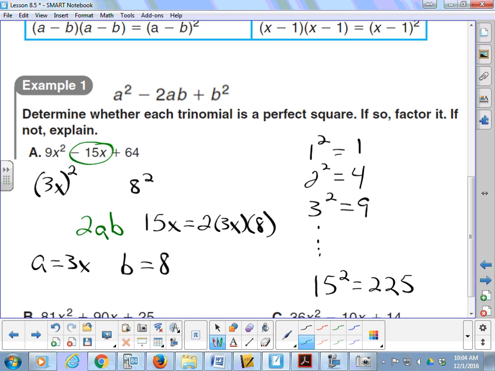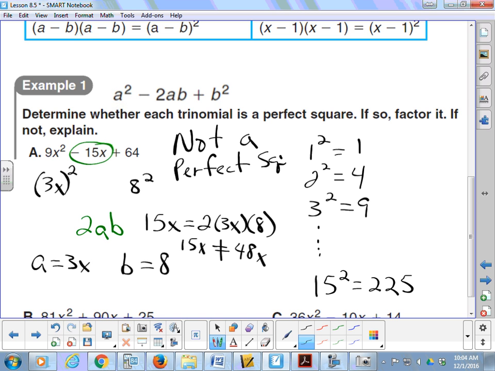Charlotte's shaking her head no, because 2 times 3 is 6, and 6 times 8 is 48. So 15x does not equal 48x, so this is not a perfect square trinomial. I'm showing that because the 2ab part doesn't work.